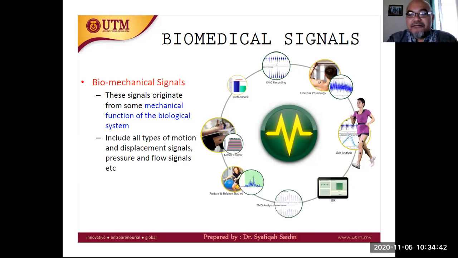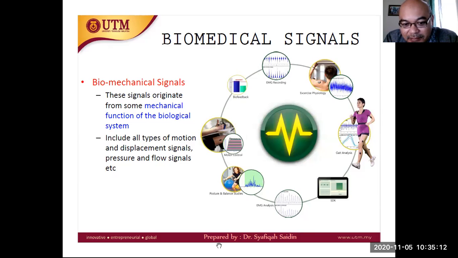So this is part of measuring instrumentation, also to measure the biomechanical signal of our body. And then based on that, it can assess how many kilometers you have walked, how many steps you have walked, and then can give you some advice on whether you need to walk more, run more, etc. Other types of biomechanical signals like this one, EMG, also for biomechanical signal, exercise physiology like this one.